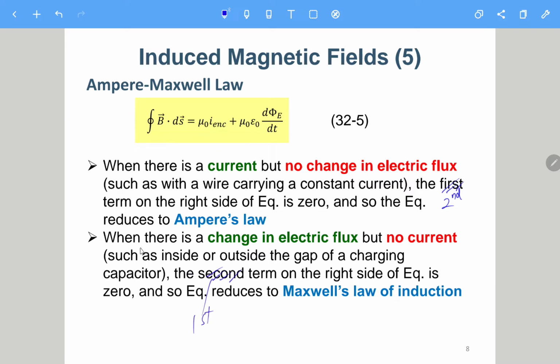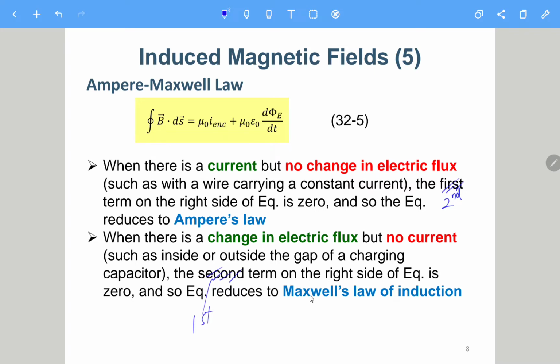Okay, and the second point is when there is a change in electric flux but no current, such as inside or outside the gap of the charges of a charging capacitor, the first term on the right side of the equation is 0, and so the equation reduces to Maxwell's law of induction.